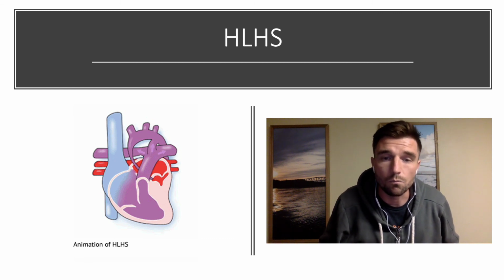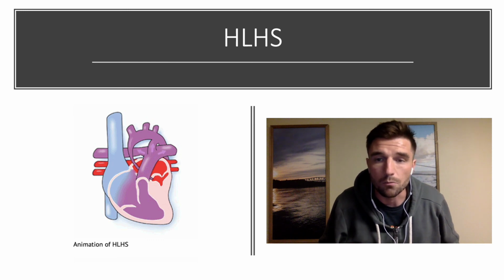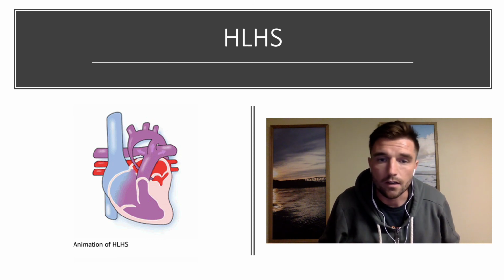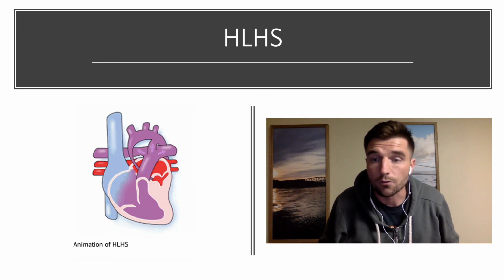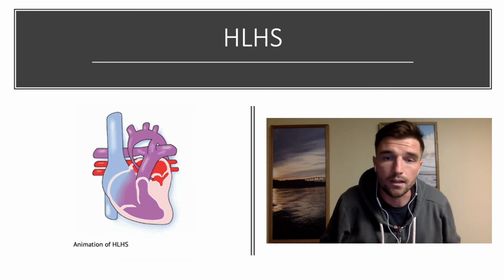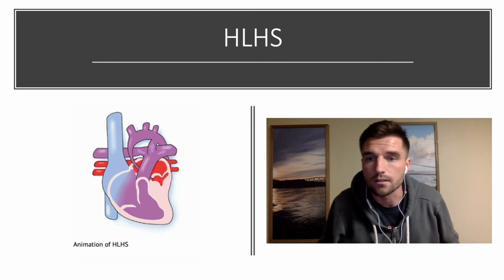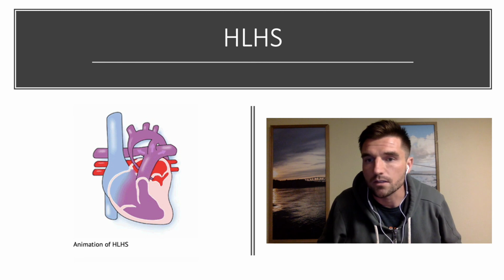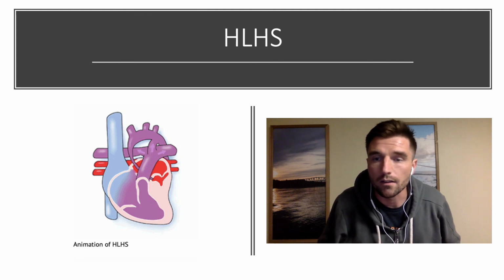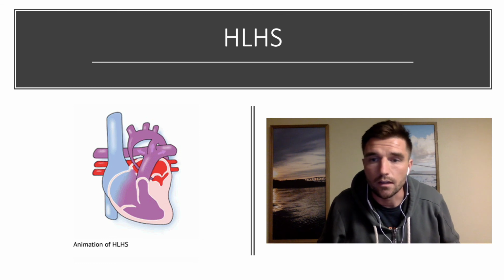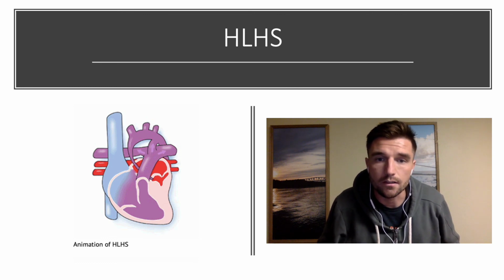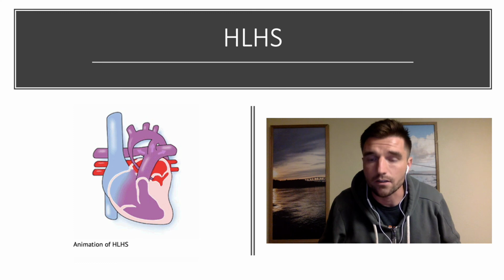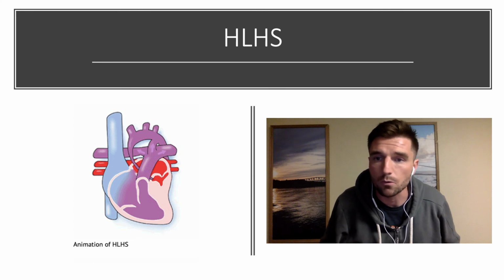And then once in the right atrium, it will mix with the deoxygenated blood, pass through the right ventricle, out the pulmonary artery, and then across the PDA to the aorta. And so you get this mixed blood, approximately 75 to 85% saturated, out to the body. And so that's why in this case an atrial septal defect is necessary, and indeed an intact atrial septum is typically incompatible with life.